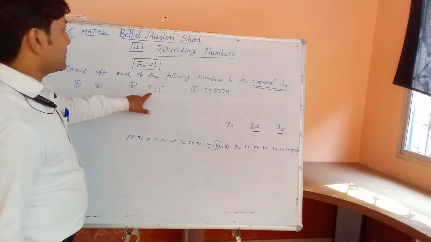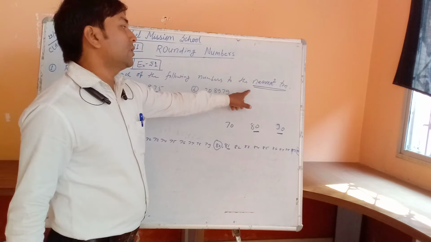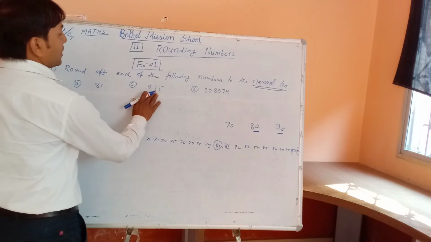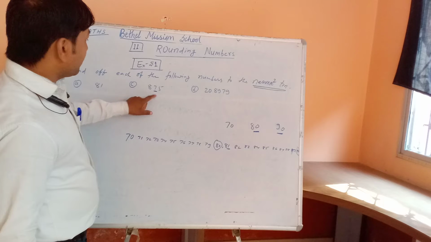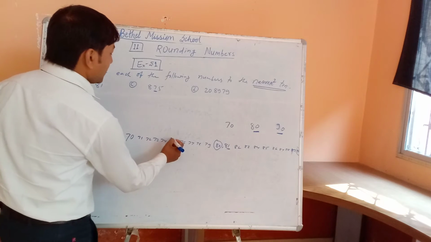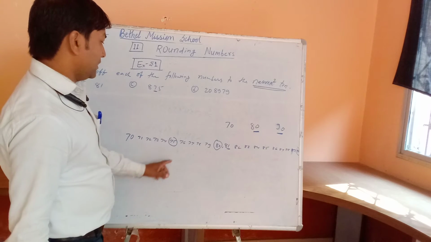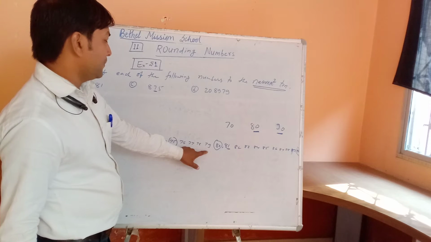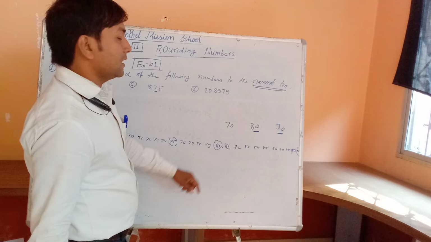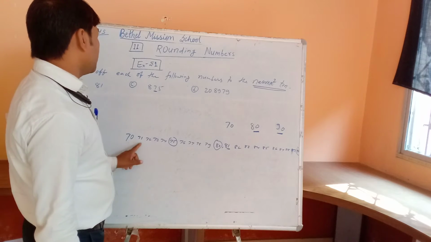And the question is nearest 10, so you have to change in the tens place. Okay, so 75 is in the middle, which is nearest? 1, 2, 3, 4, 5th step, you will get there, here also 5th.